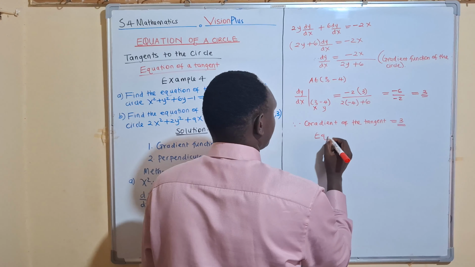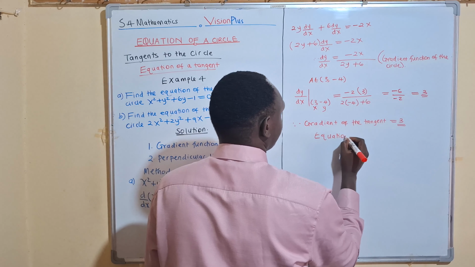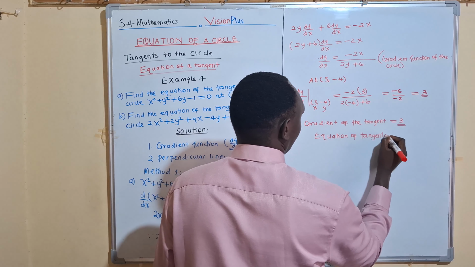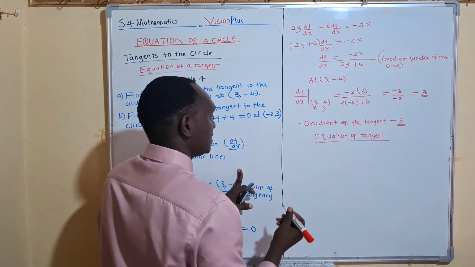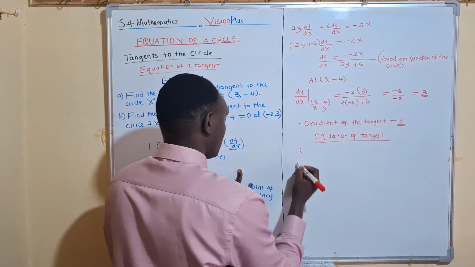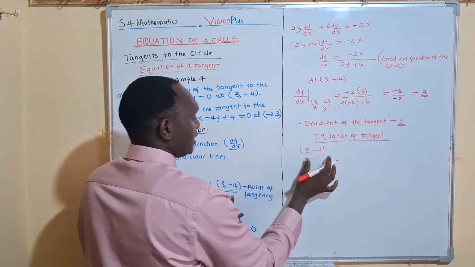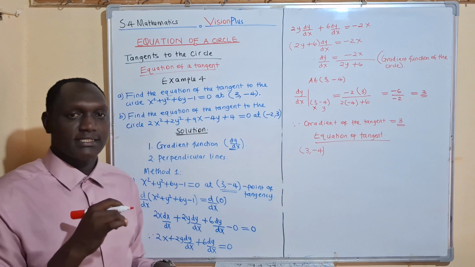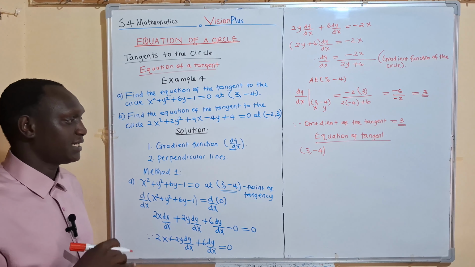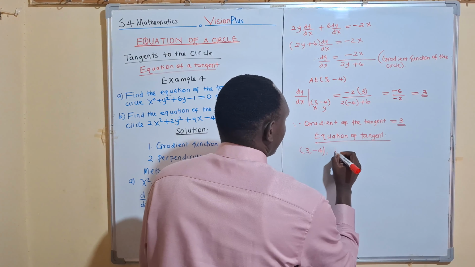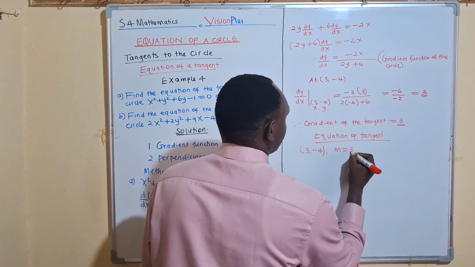So let me now find the equation of the tangent. We have one point on the tangent, the point of tangency, (3, -4). This point is on the circle and it is the same point the tangent passes through. We also have the gradient m of the tangent as 3.